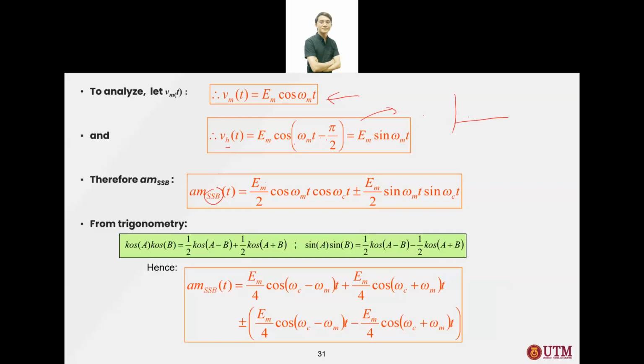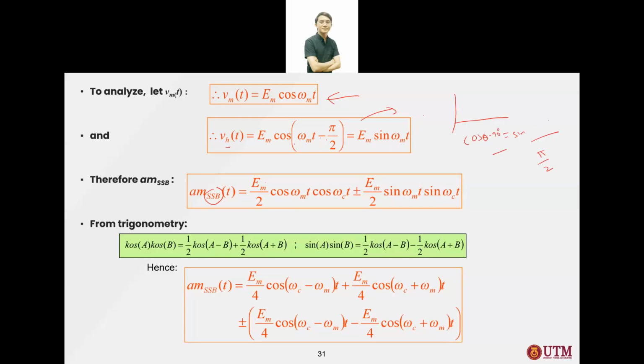For example, I think some of you maybe already know, cos and sine can be related by lambda over 2, by 90 degrees. This is trying to show cos theta minus 90 degrees.